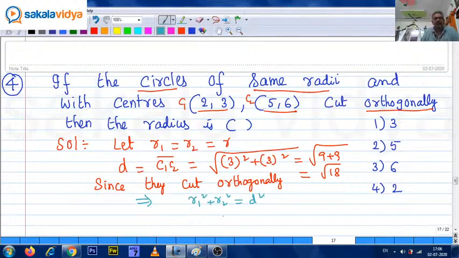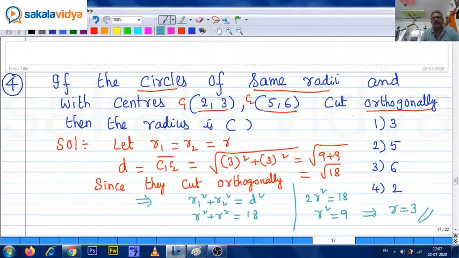So R² + R² is equal to D², which is 18. We do not square both sides, that would be absolutely wrong. D² is 18, so 2R² is equal to 18. R² is equal to 9. So R equals square root of 9, that is 3. R must be positive. So the first option is the right option.